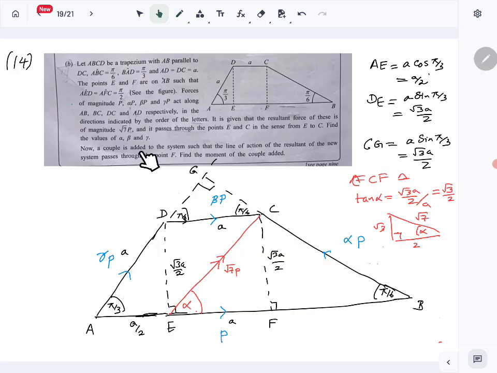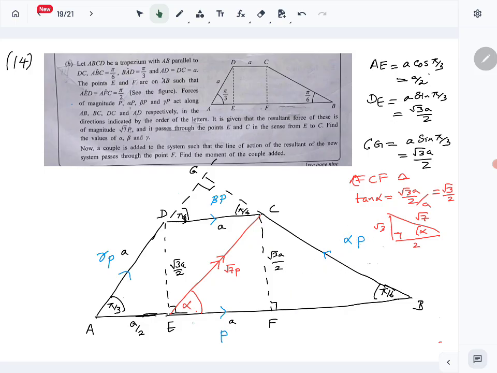The next part is what? Now a couple is added to the system such that the line of action of the resultant of the new system passes through F. Find the moment of the couple added.